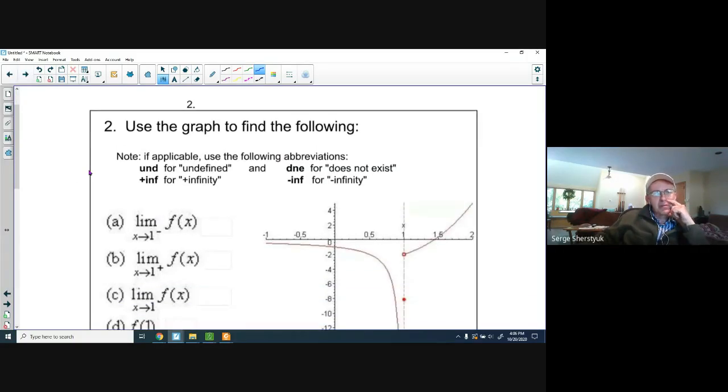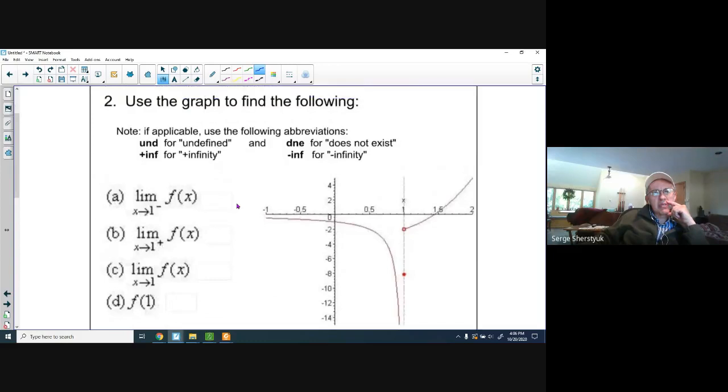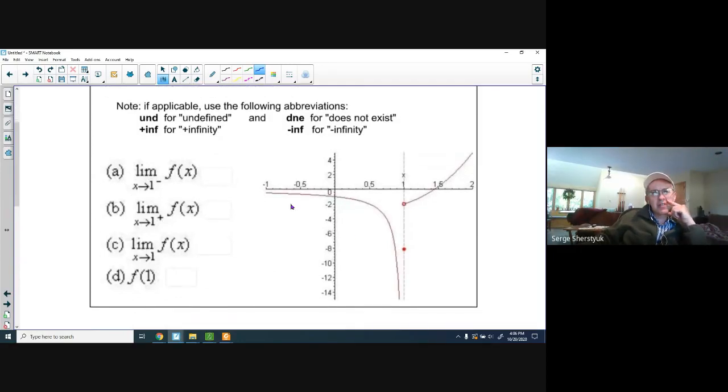Use the graph. It's a similar kind of thing, but a different graph. Let's see what we have here. As x goes to 1 from the negative direction, I'm following this curve. Clearly this is an asymptote right here, so this is going to negative infinity.